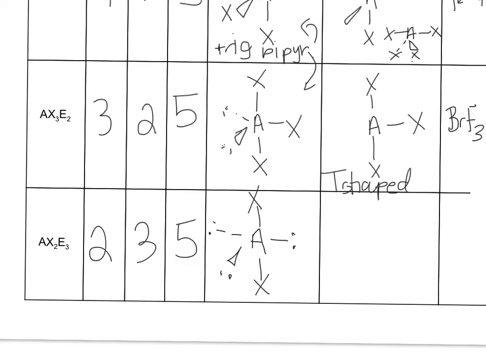So again, this is trig bipyramidal for electron pair geometry, but for molecular geometry, it's going to be back to linear. An example of this is xenon difluoride.